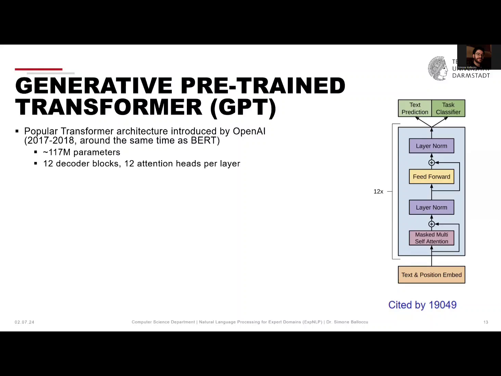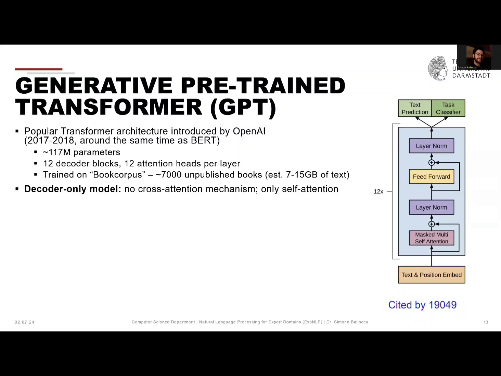So again, a big model. It was trained on BookCorpus, which consisted of 7,000 unpublished books. There's not an official estimate, as OpenAI never released the dataset, but it is estimated to be between 7 and 15 gigs of text. This is a decoder-only model.